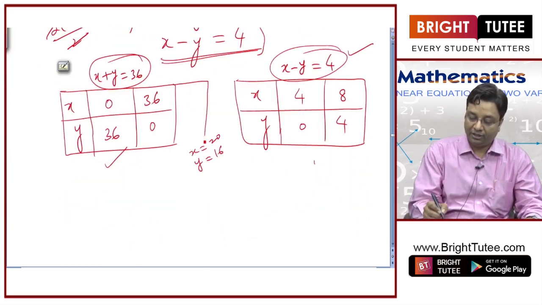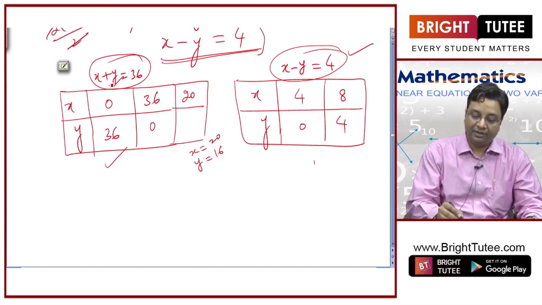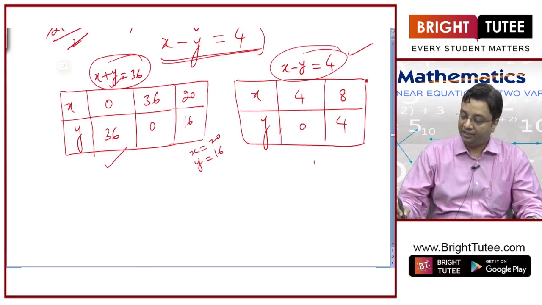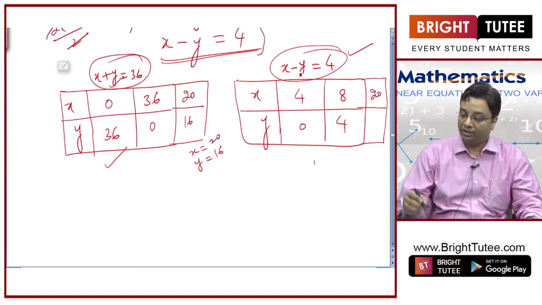Let us take the third point here. If you take x equal to 20, what will be y? 20 plus y is 36, so y will be 16, right? And in this equation, if you take x equal to 20, so 20 minus y is equal to 4 will give us y equal to 16.